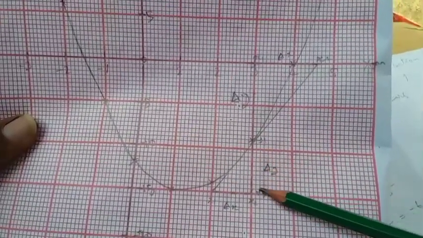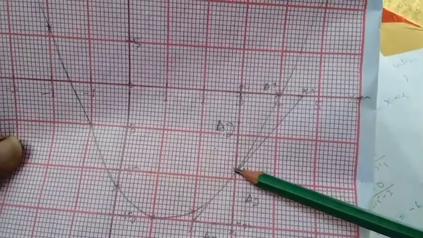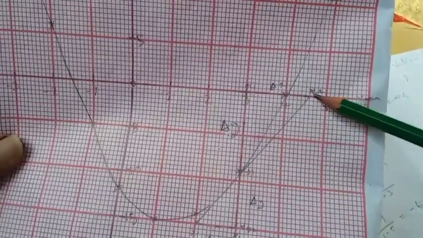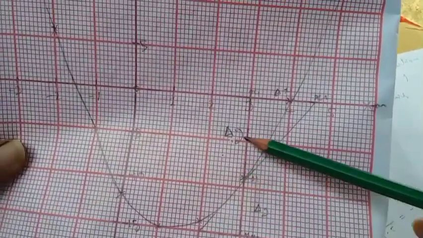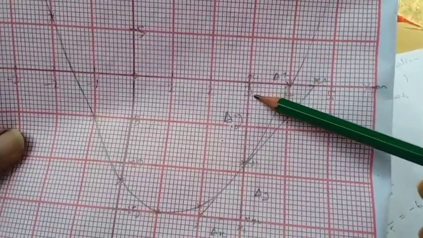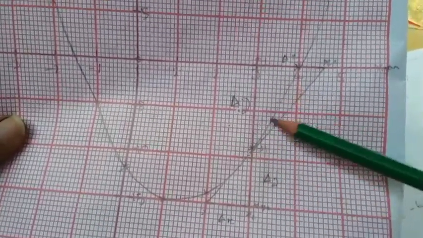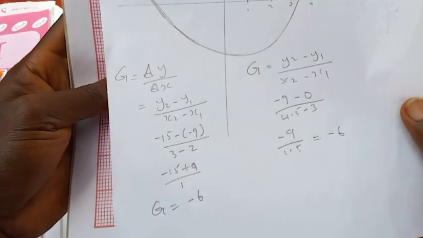This is my change in y and this is my change in x. Or I drew a tangent to run like this and touch this curve at this point, and this is my change in y and this is my change in x. And I did the calculation and both ways gave me the same result.